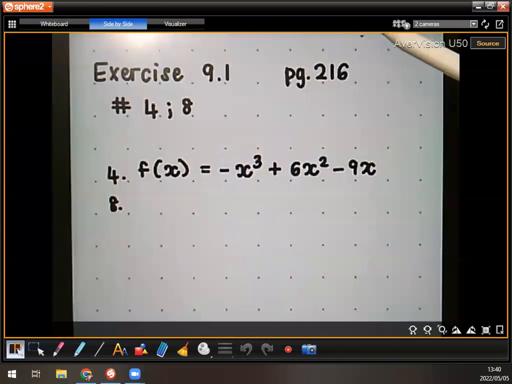Okay, number 4 and 8. I can write down the equations for you because that's all they're giving basically.